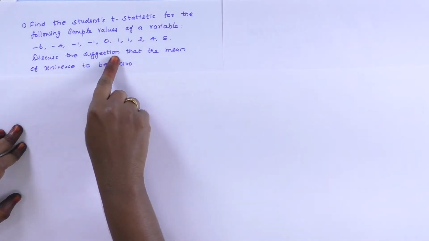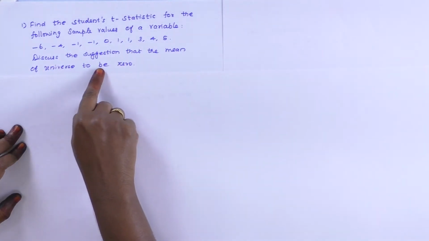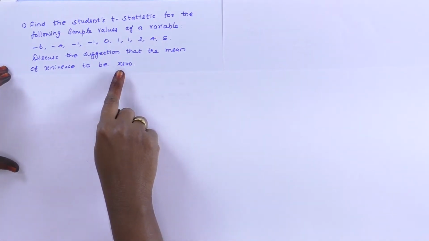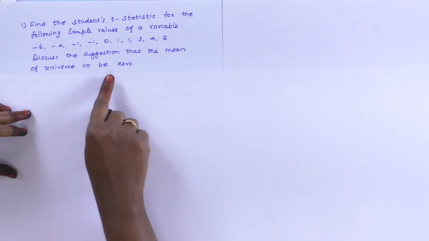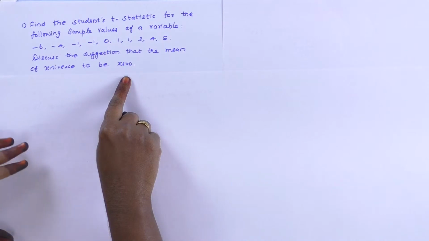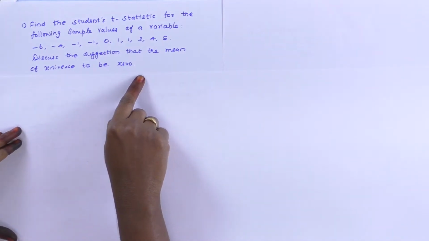Discuss the suggestion that the mean of the universe is 0. That is, our population mean mu is equal to 0. We assume this as the null hypothesis, and we set up the alternative hypothesis, that the mean of the universe is not equal to 0.